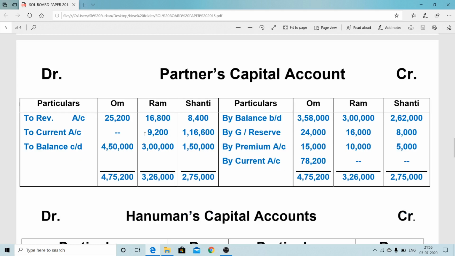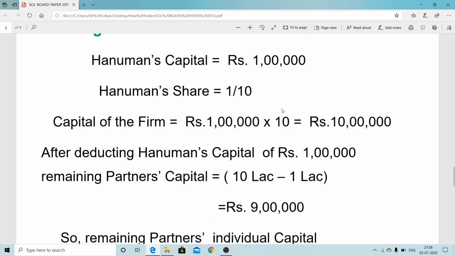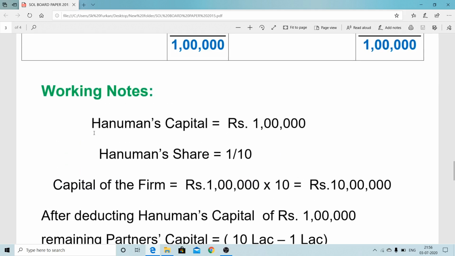Now after that we can balance it, but before the balance, to find out the new capital of the old partners, once we can check the respective account. So here for Om, Ram, and Shanti, for their new capital, we will consider their working. Here is a working note.